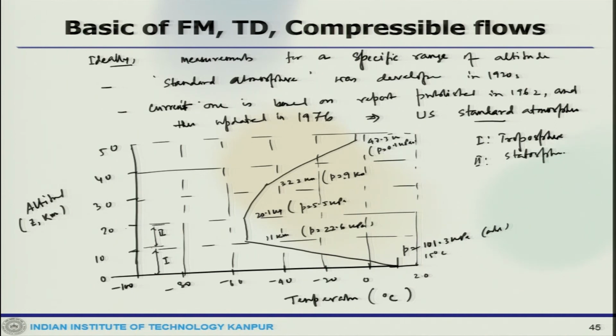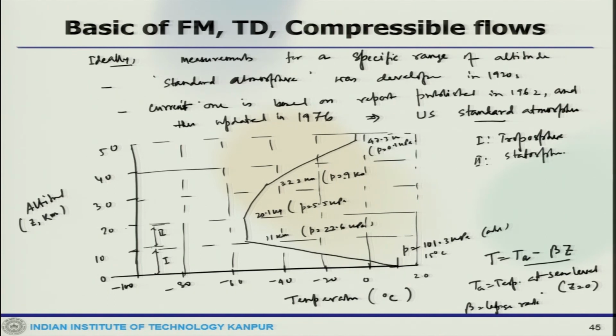So, one can use the temperature variation like T is Ta minus beta z. So Ta is the temperature at sea level, or let us say Z0, and beta is the lapse rate, a rate of change of temperature with height.